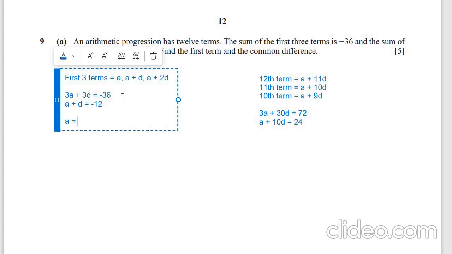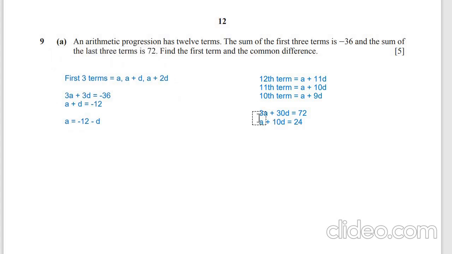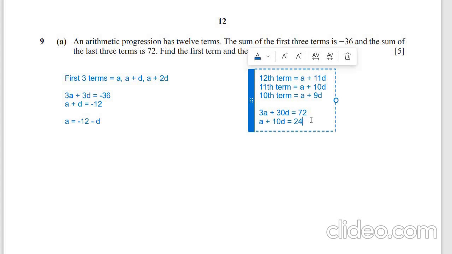So a is negative 12 minus d, and if we substitute that in here, negative 12 minus d plus 10d equals 24.